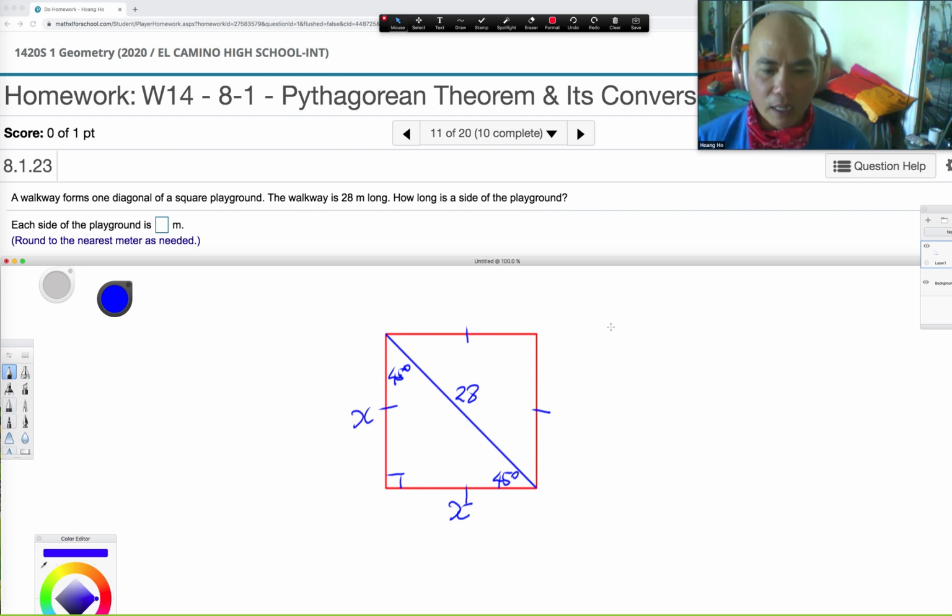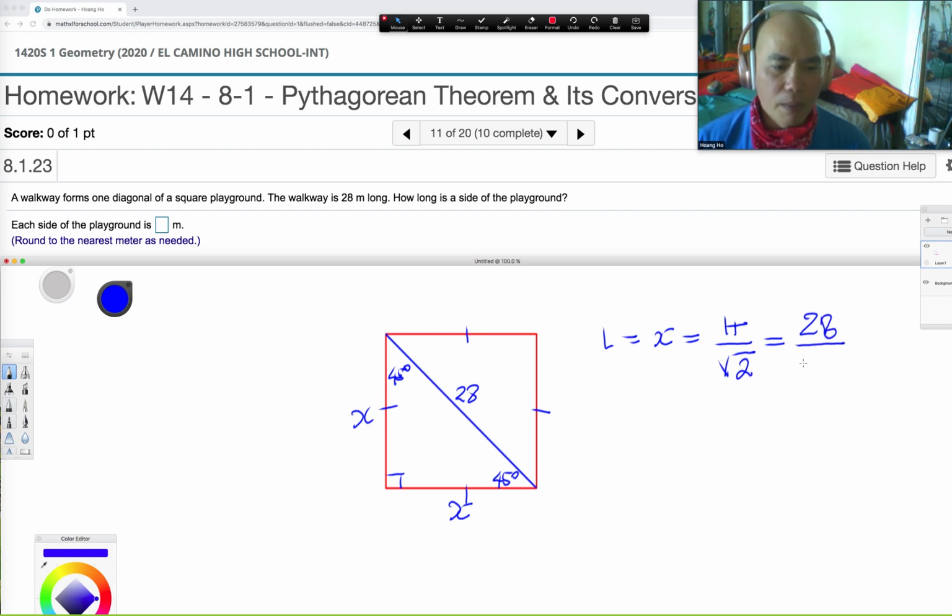So if you want to find the leg, which happens to be x, it would be equal to your hypotenuse divided by square root of 2. Okay. So the hypotenuse in this case happens to be 28. So I take 28 and divide by square root of 2. Okay, and this is your formula.